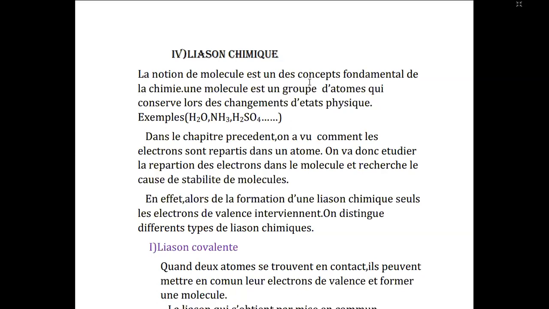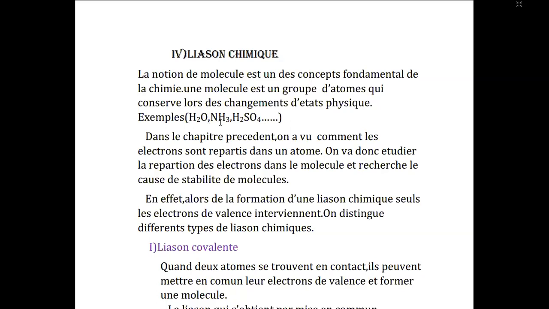So une molecule, it is a group of atoms which is conserved during the change of state physique, or which is formed during the changement d'état physique in such a way that when I get hydrogen and oxygen, I add them together, I'll form a molecule which is H2O.